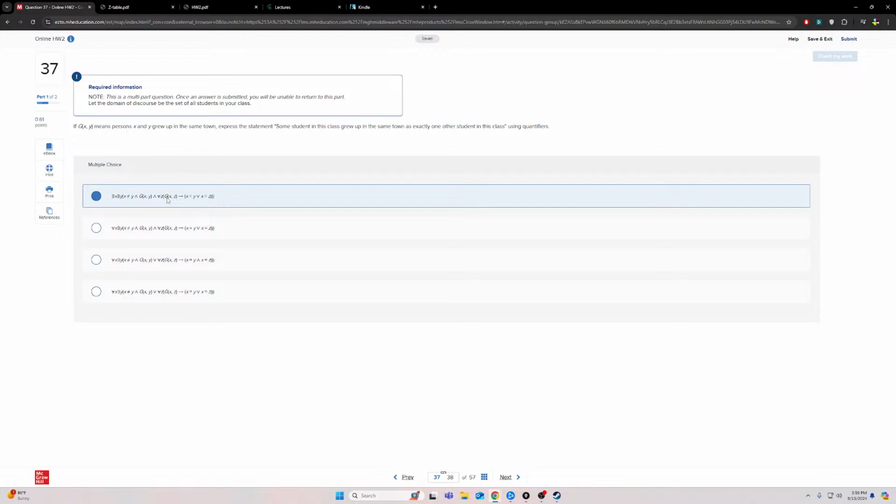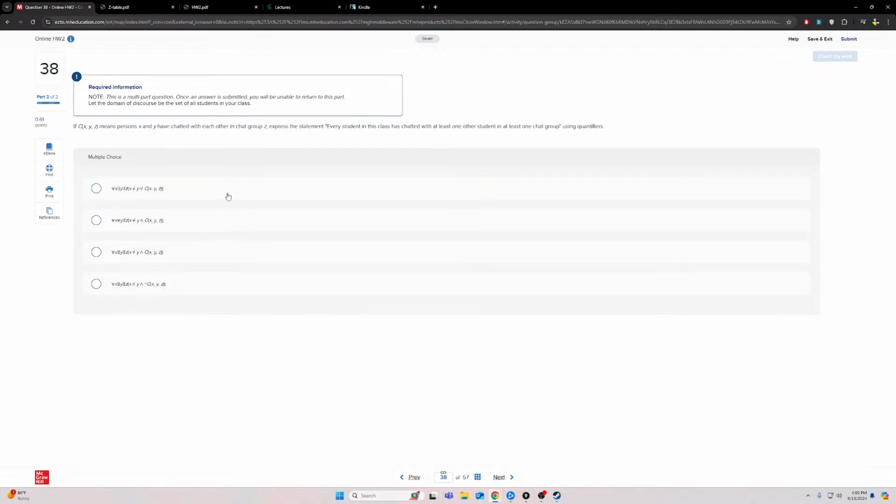Student X is equal to student Y, which instantly cannot be true. I feel like this is just false, straight up. This one has to be just straight up false. Yeah, I don't know. This just makes so much more sense using that.